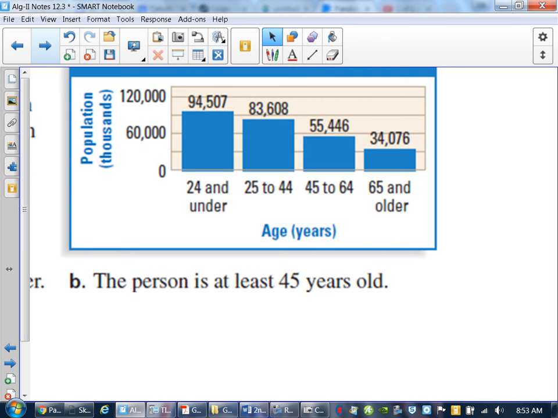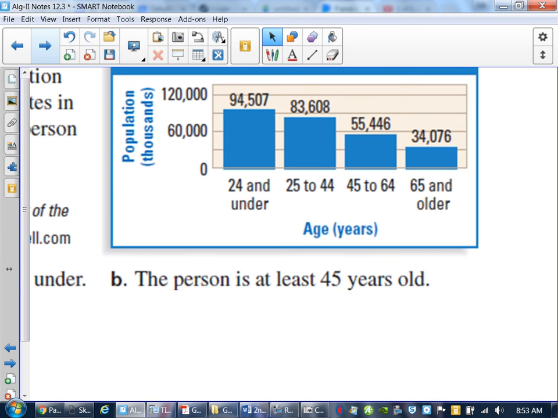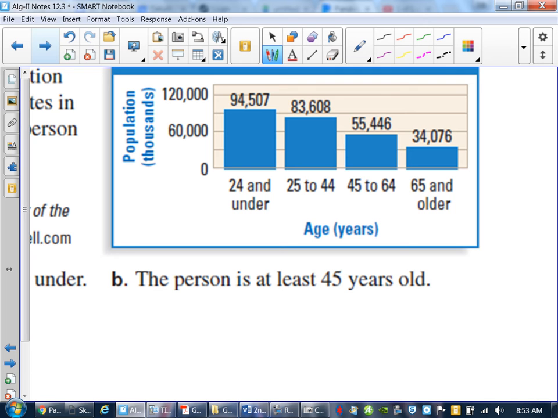So if I'm looking at the data set here, what is the probability that the person is under the age of 45? Well, the grouping of people under the age of 45 would be over here. That would be my success. The total then would be all people surveyed.